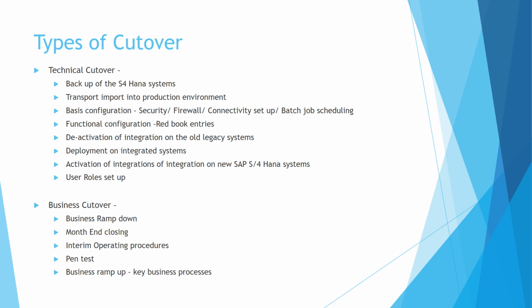Yeah. And after everything is completed, the most important activity before the system is released to everybody in the business is the ramp up activity. Some of the business users, who are business champions, will check key business processes. They will log into the system and see that they are able to perform those activities.